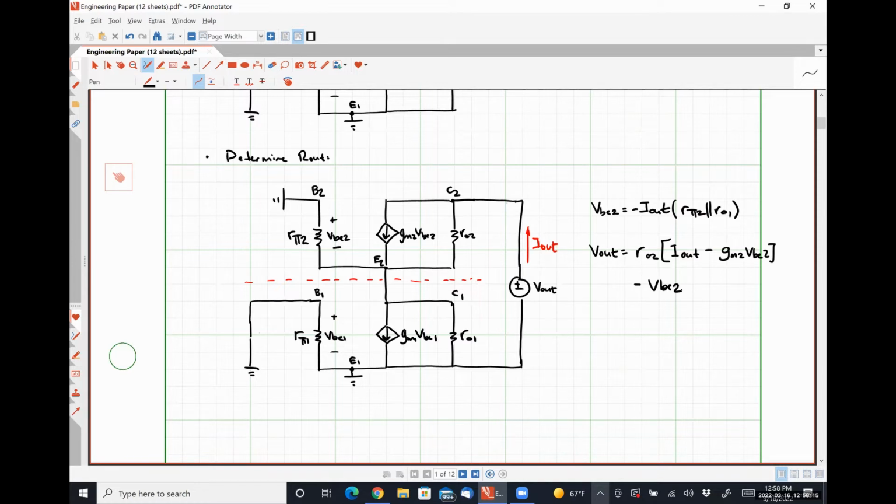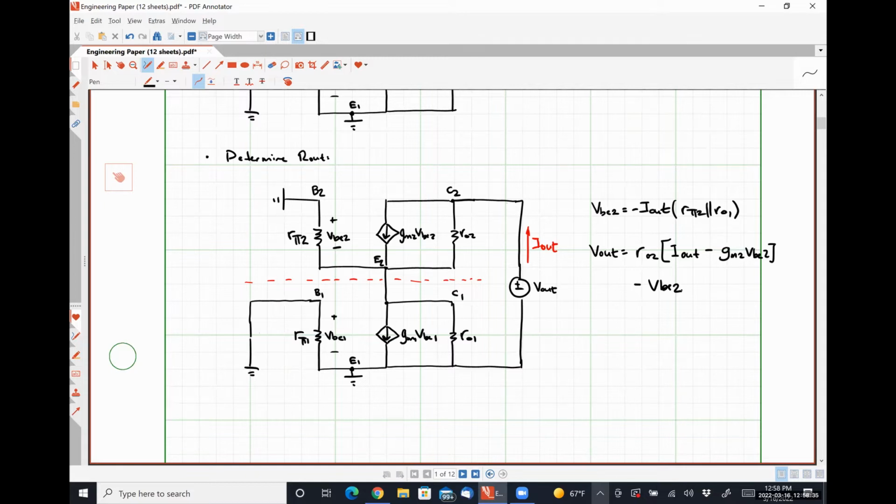Are we all okay with that? So this voltage is the voltage drop over R naught 2, which has a current of I out minus that flowing through it, minus this voltage that we get from ground to ground.